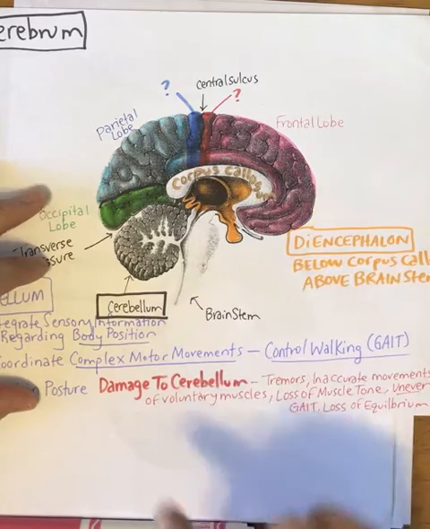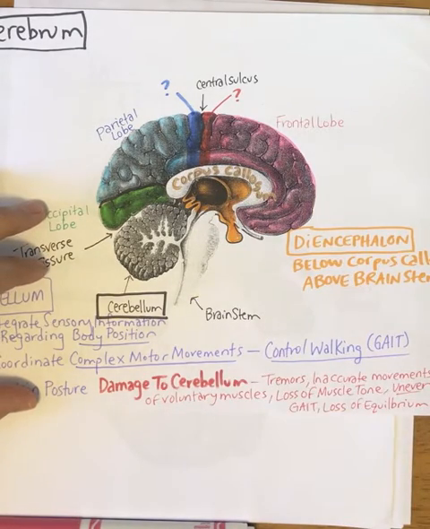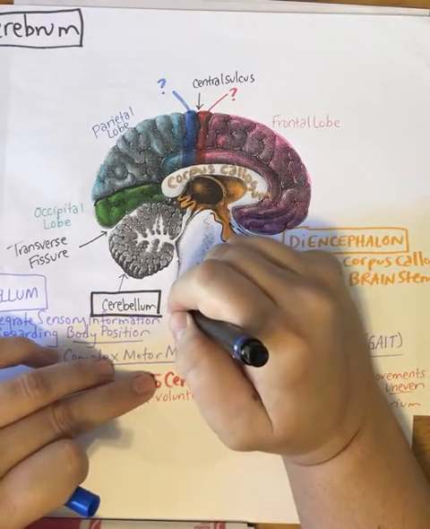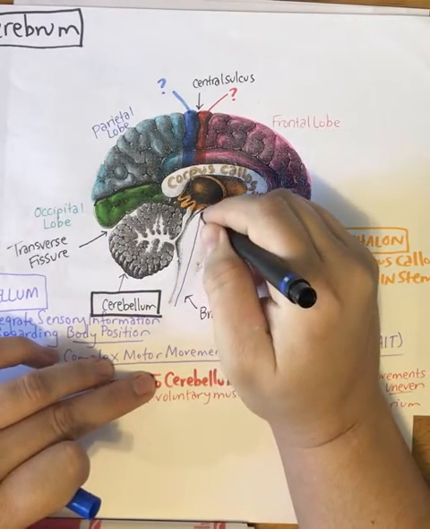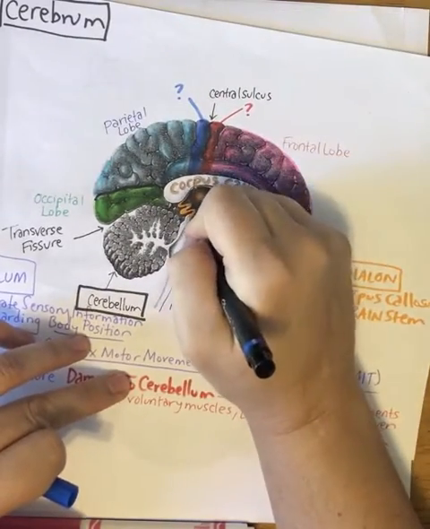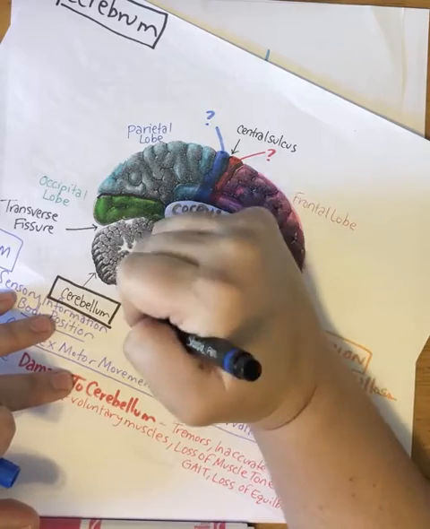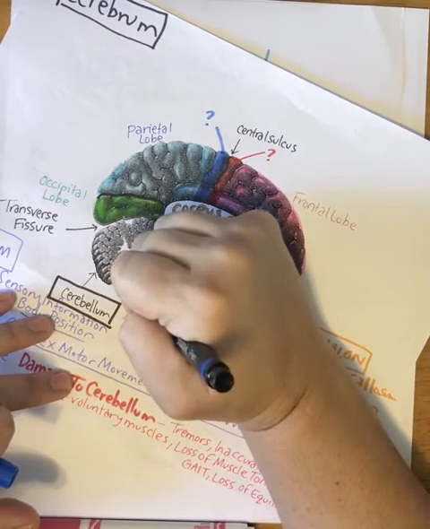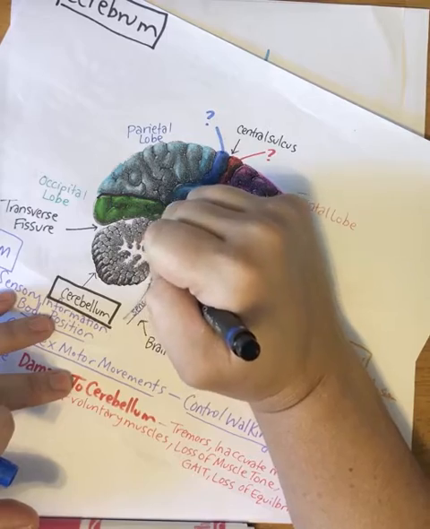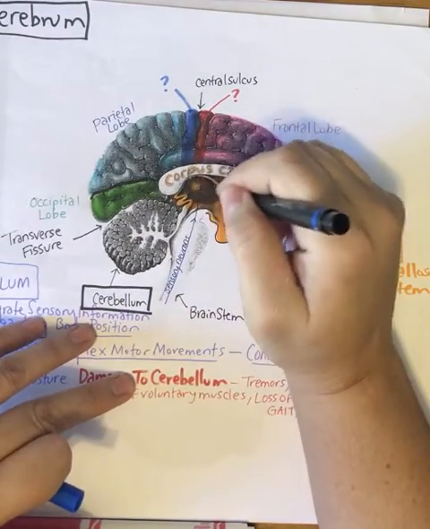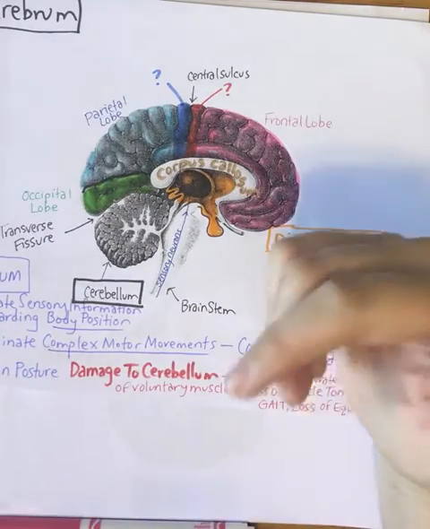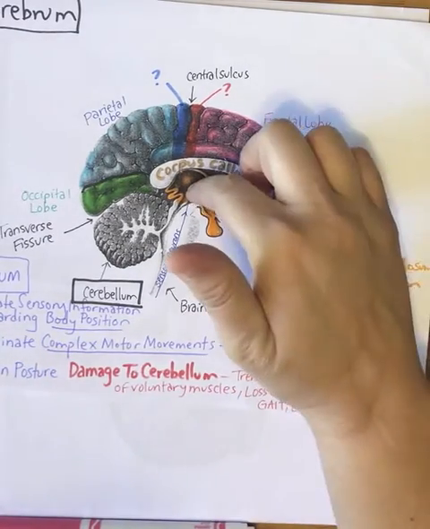All sensory neurons, I'm going to use a blue, all sensory neurons travel up to the thalamus where they are processed. So sensory neurons travel up, they're called ascending, the brainstem, and they're going to stop at the thalamus, which is the largest thing, which has to basically integrate and interpret what sensation is coming.